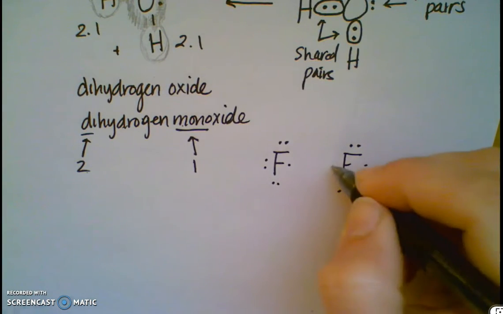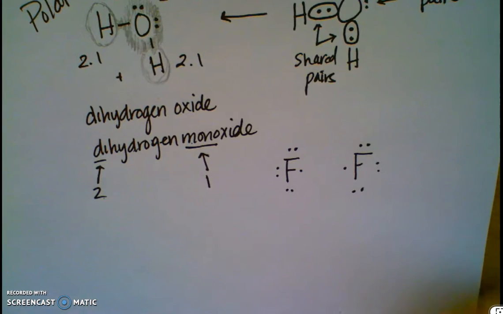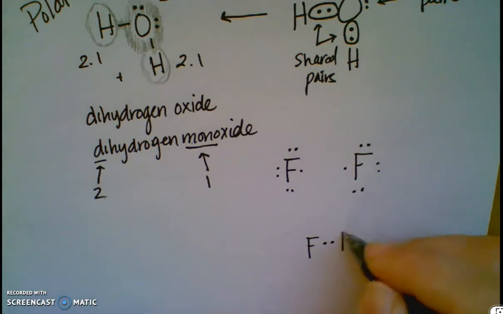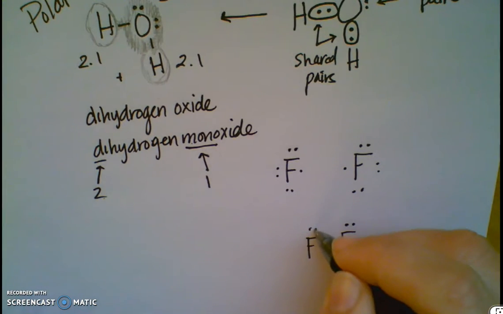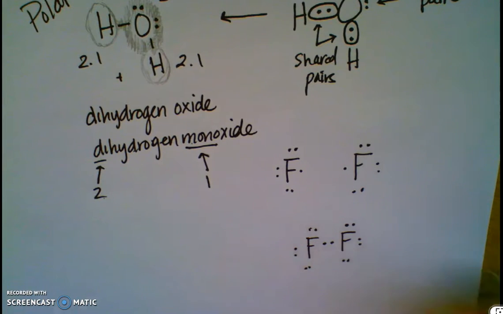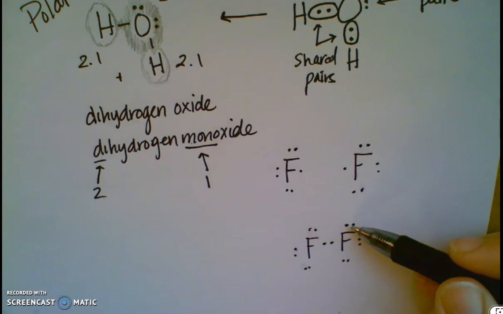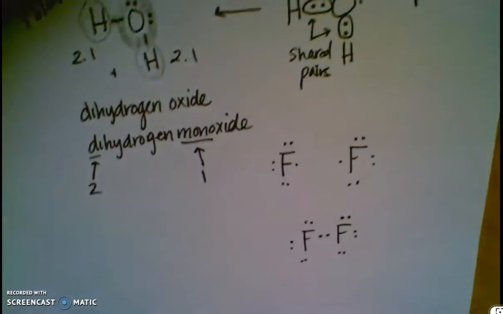And so what's going to happen is these 2 fluorines are going to share 1 valence electron each, and it's going to look like this. And what you're going to get is this fluorine, if we count up our electrons, is going to have 2, 4, 6, 8. And this fluorine is going to have 2, 4, 6, 8. And that satisfies the octet rule.